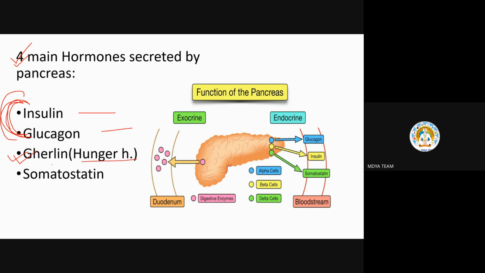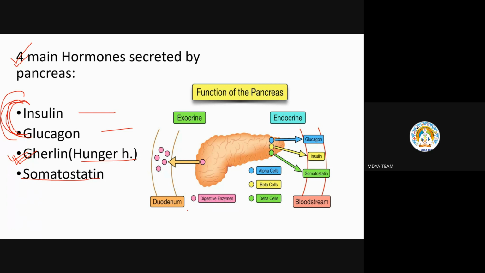It is called the hunger hormone because it is responsible for the urge for food, and also somewhat for growth or height growth. Somatostatin is also a hormone released by the pancreas.